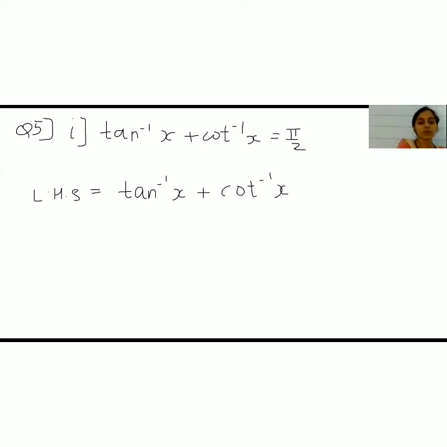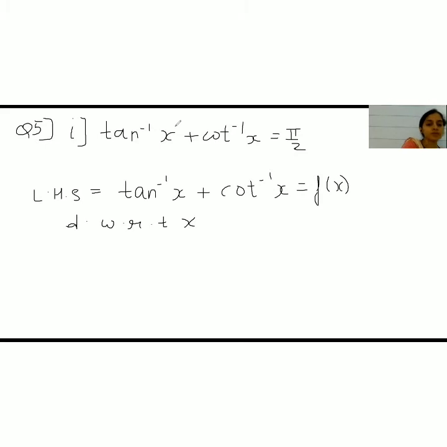Now, how do we start with the sum? We differentiate the left hand side with respect to x. We'll call the left hand side as f of x.